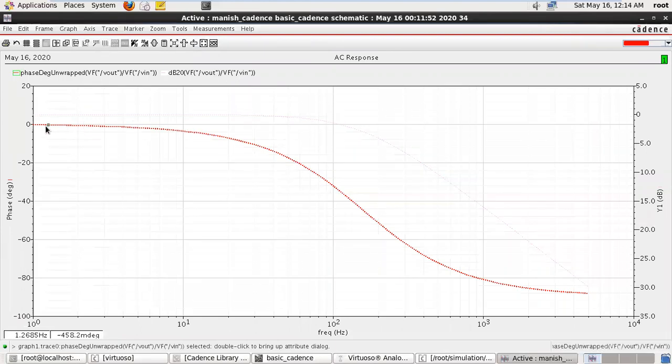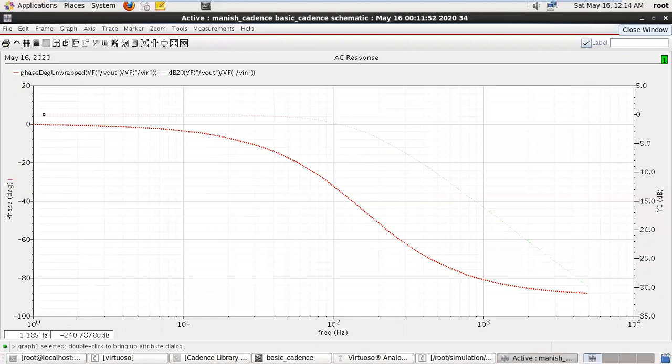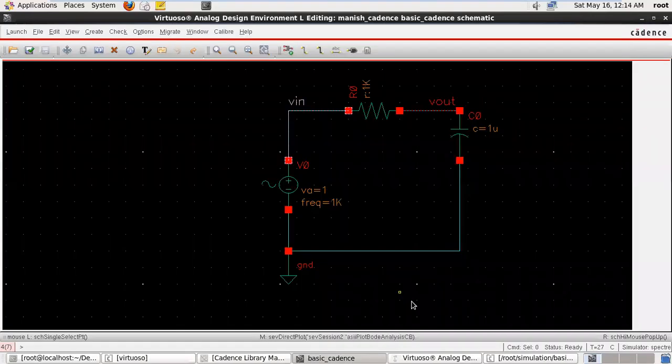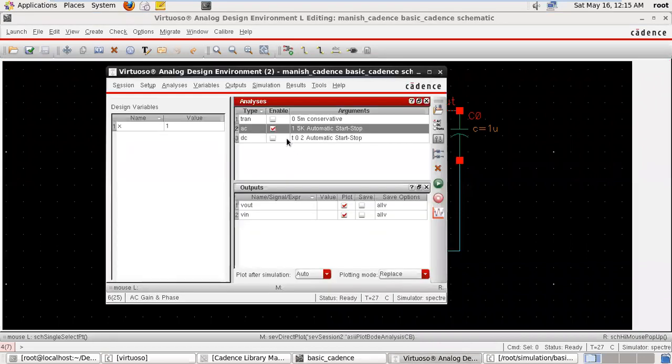In dB, because the input is 1 and the output is 1, the gain output value is 0, and it goes on decreasing, and this waveform represents our phase. So in AC analysis we can draw all voltages or currents with respect to frequency. Okay, so that is AC analysis and transient analysis.